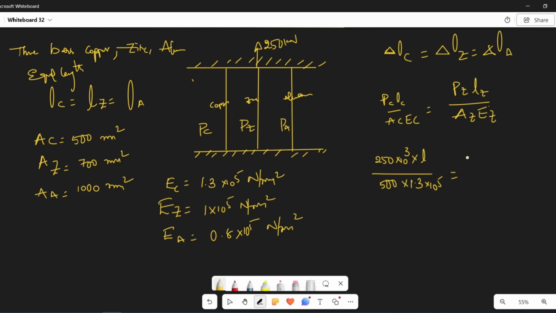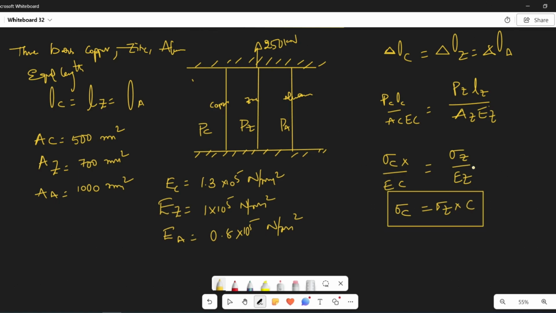By the way, for copper and zinc you will get a relation between sigma C and sigma Z, and there will be a constant.